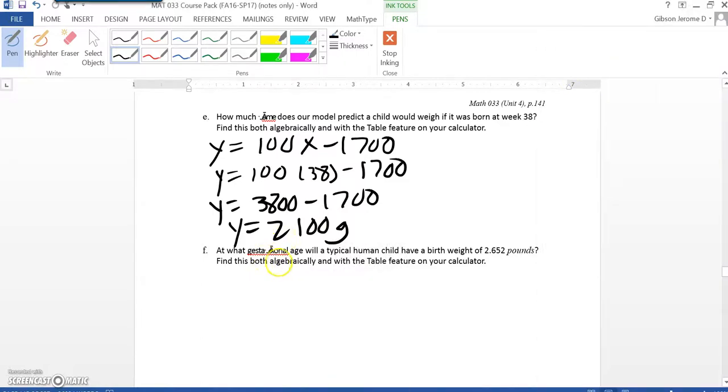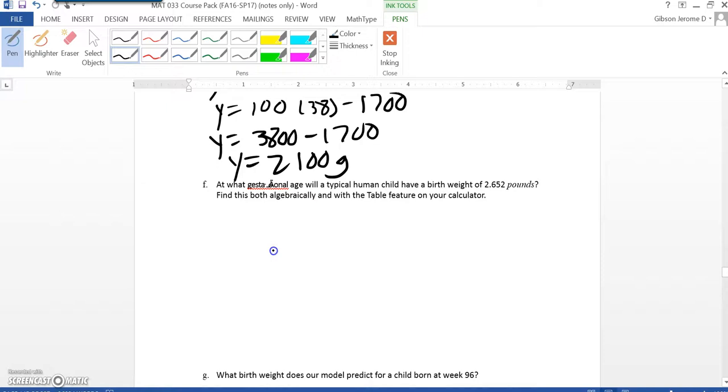Now it says here, at what gestational age will a typical human child have a birth weight of 2.652 pounds? Find this both algebraically and with the table feature on your calculator. Now, first of all, we have to change pounds to grams.